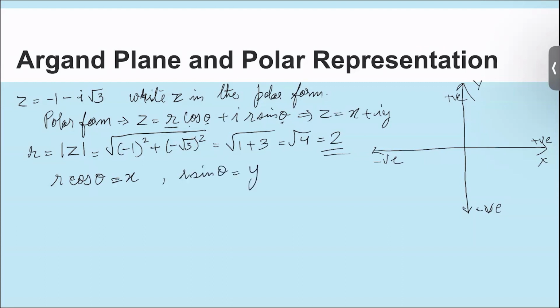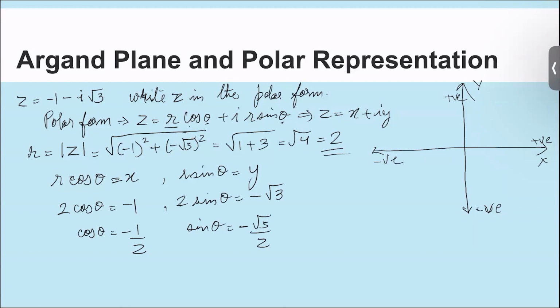Over here your x is -1 and your y is -root 3. Putting the value of r, 2 cos theta equals -1 and 2 sin theta equals -root 3. Then you will get cos theta equals minus 1 by 2, and sin theta equals minus root 3 by 2.